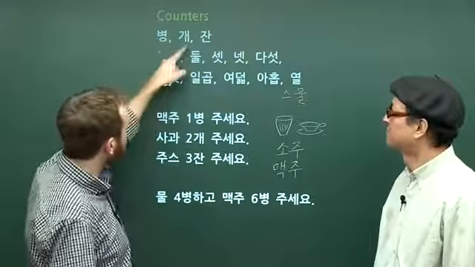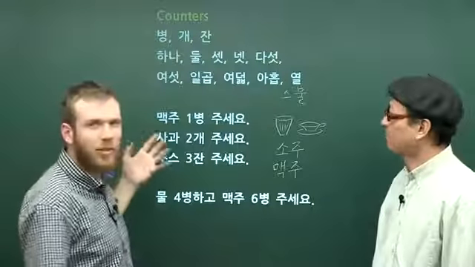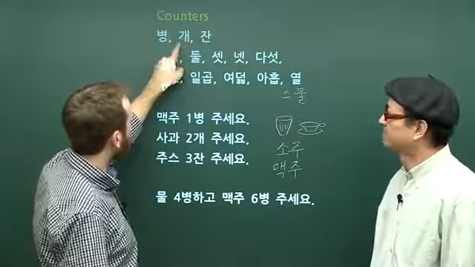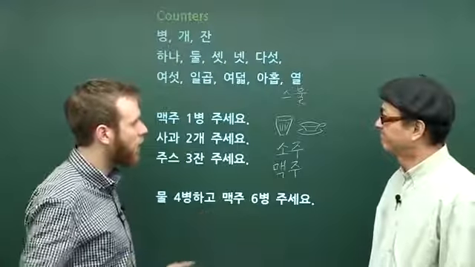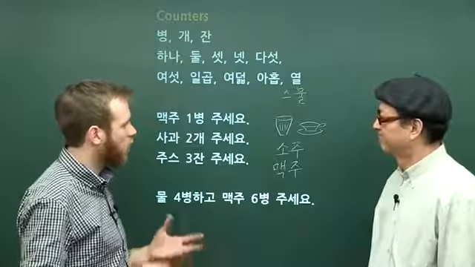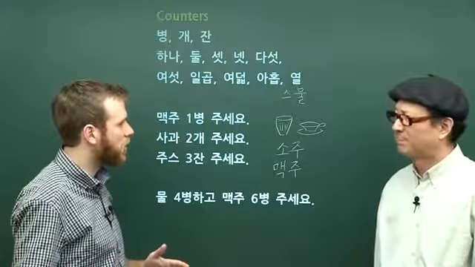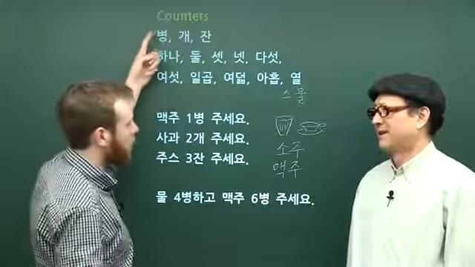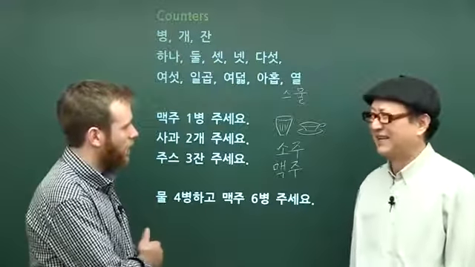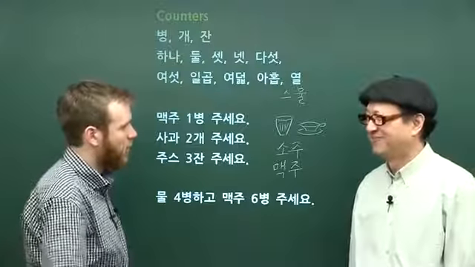Now, Robert, I've learned, I don't know if this is good advice to give, but I've learned that 개 is used for many different things. Maybe for beginners, if you don't know the correct counter, just say 개. Do you think that's good advice? That's okay?